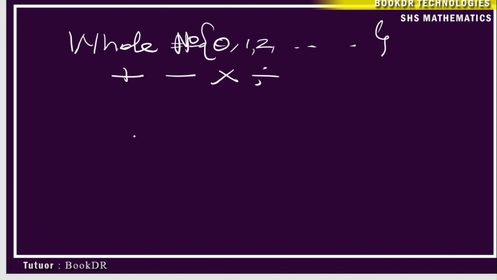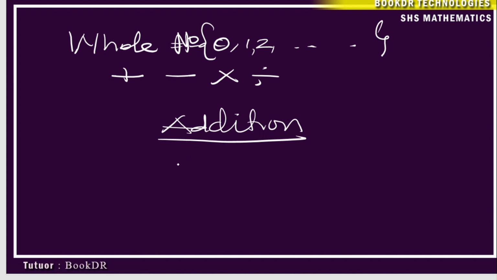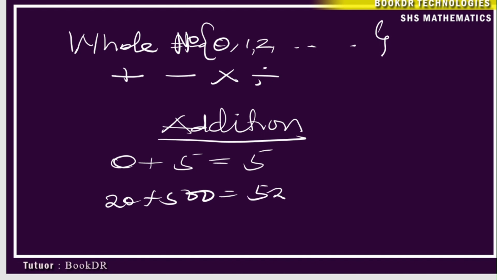So we are going to pick first addition. If we study the addition table carefully, or the addition of numbers, when two whole numbers are added, the result will always be a whole number. 0 plus 5 will give us 5. 5 is a whole number. 20 plus 500 is 520.